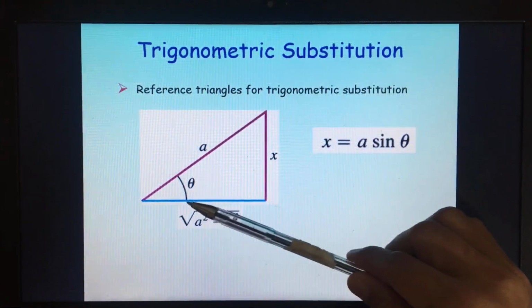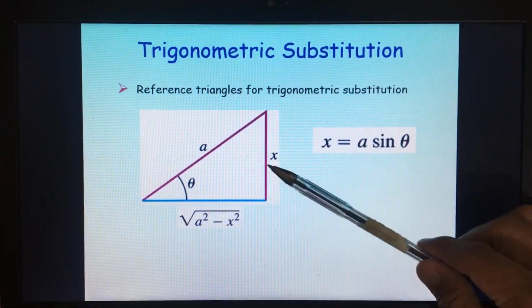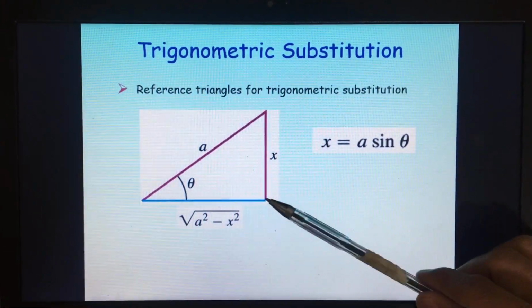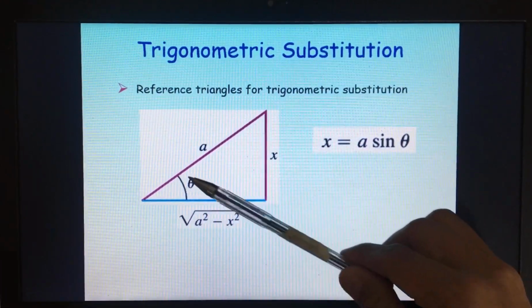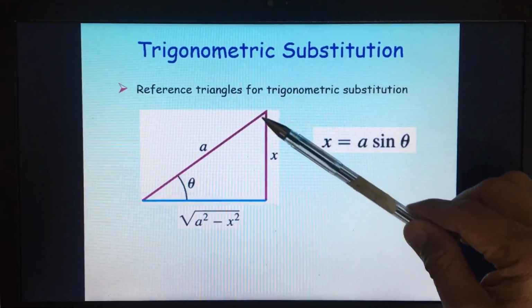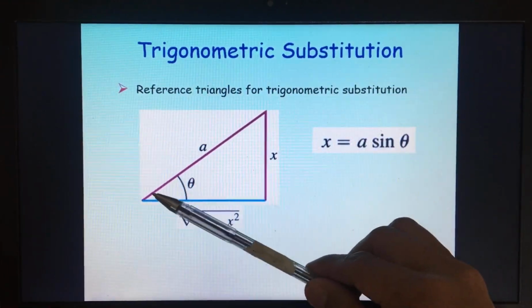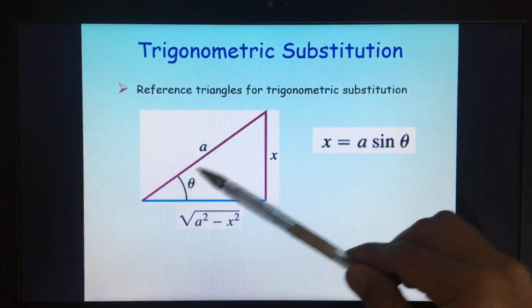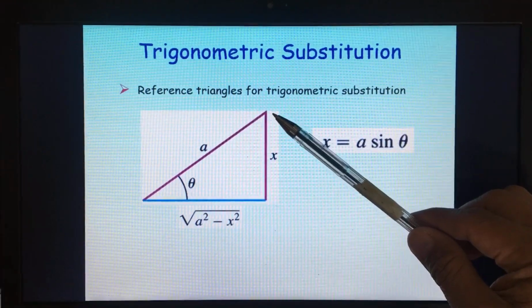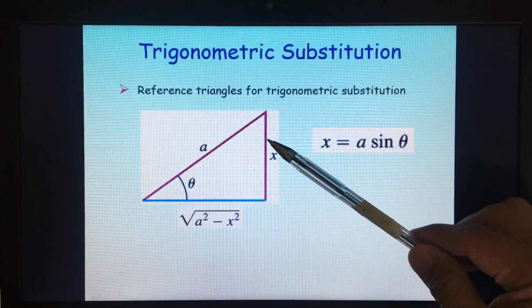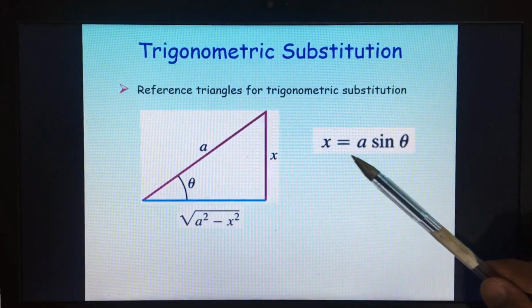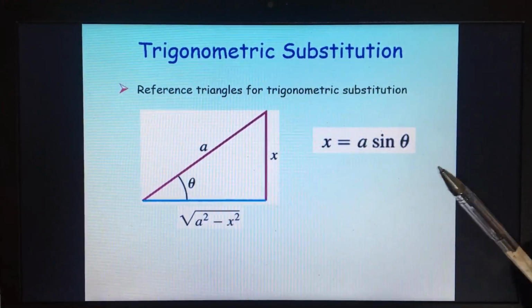When we speak of sine, that is opposite over hypotenuse. Sine of this angle, from the definition, is the opposite side divided by the hypotenuse. Then to solve for x, we just cross multiply by a, and we get x equal to a sine theta.